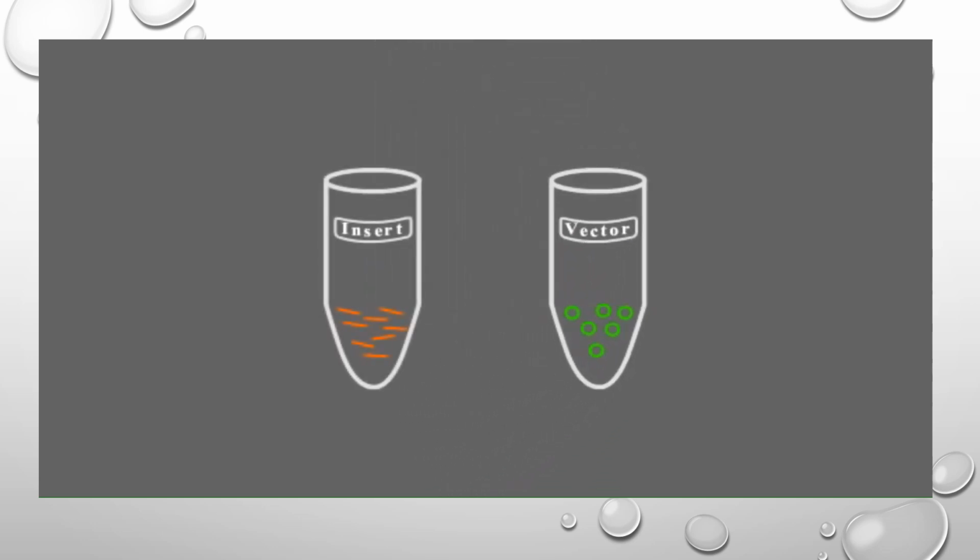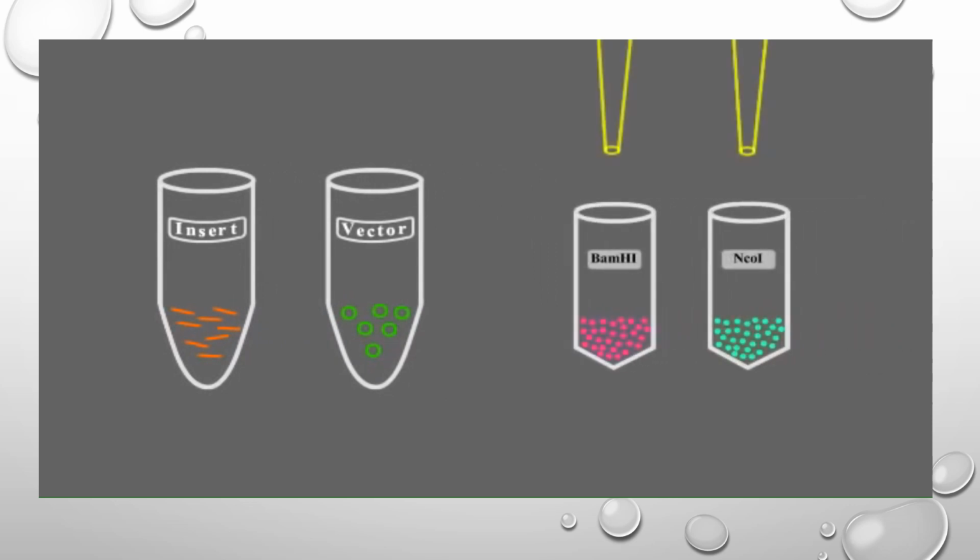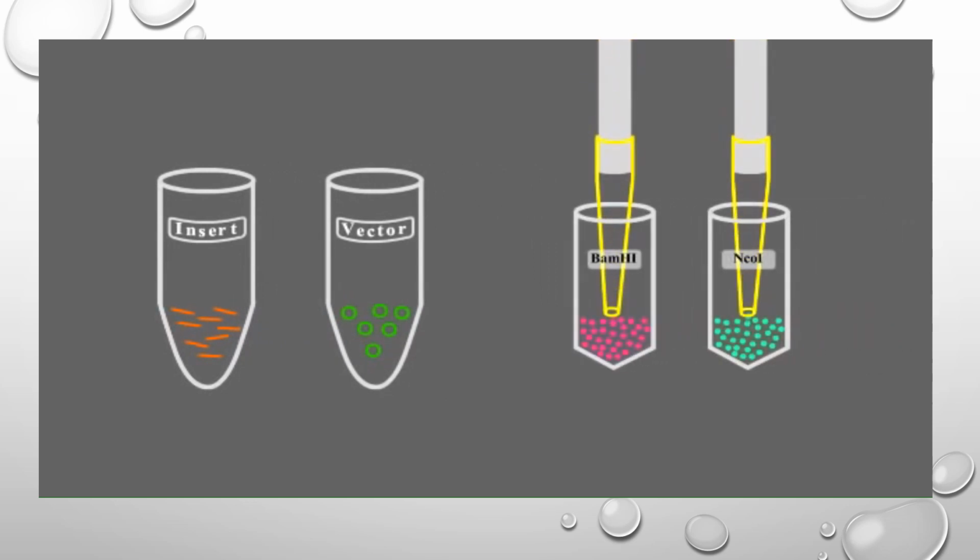To be used for molecular cloning, both vector and insert DNA are treated with restriction enzymes that cleave double-stranded DNA molecules, producing overhanging single-stranded nucleotide tails.